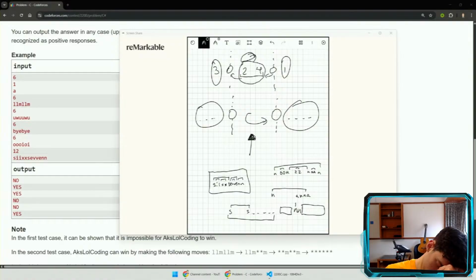Let's say these weren't meant to be paired together. That means they're both going somewhere. That means one of them ends up here and one of them ends up here, with stuff in between as well.